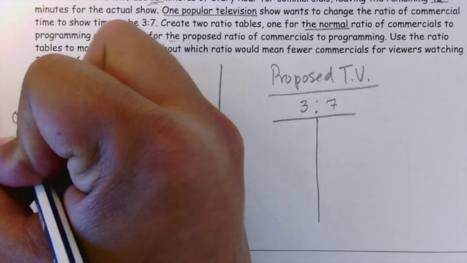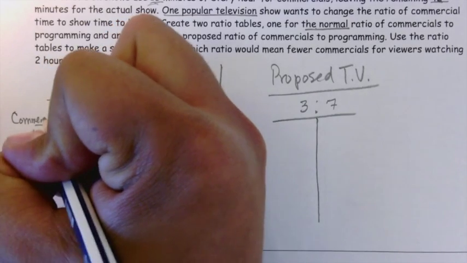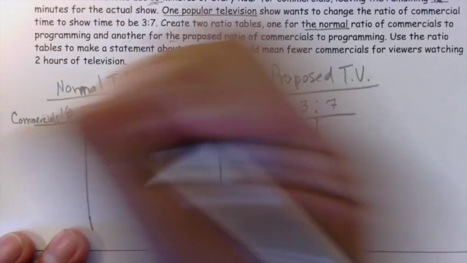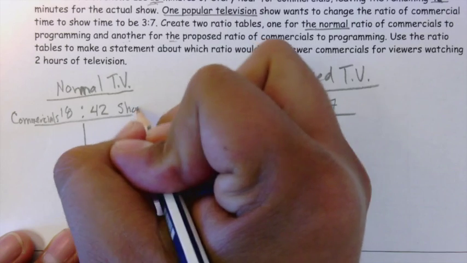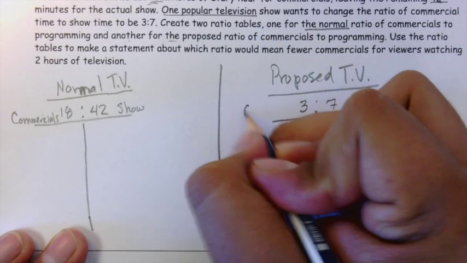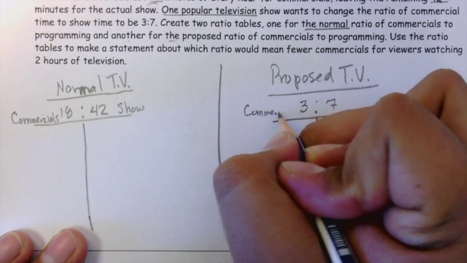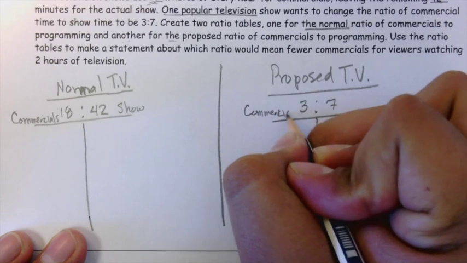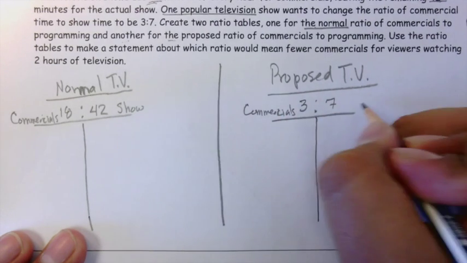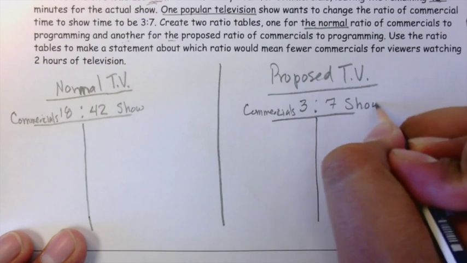The 18 is commercials. The 42 is the show. Same for this side: commercials and show.